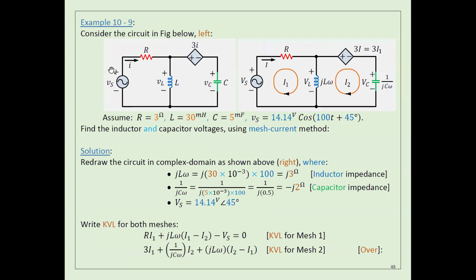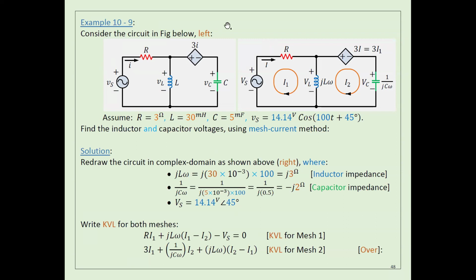Okay, so the next one is also an example for mesh current. Here we have an independent source and a dependent source, as you see. This dependent source is 3I, a voltage source. The value of the voltage source is 3 times I, and this I is here.